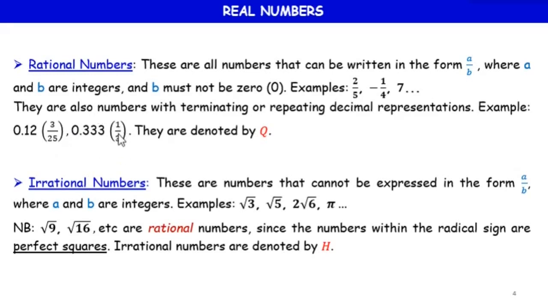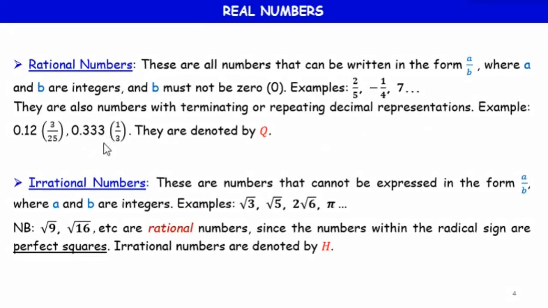Similarly, when you punch 1 over 3 into your calculator and convert it into decimal form, you are going to arrive at 0.3333. The 3 goes on and on, so it has a repeating decimal representation.